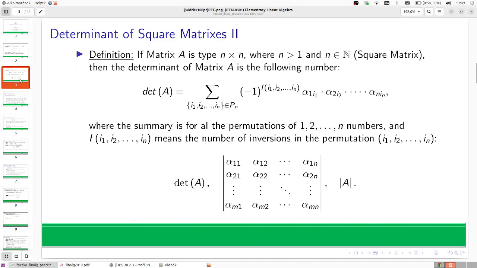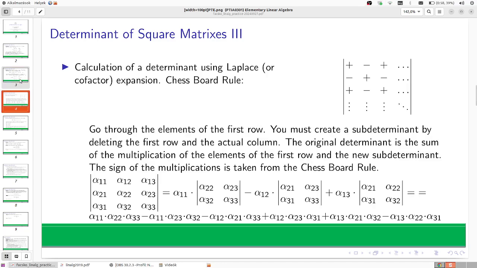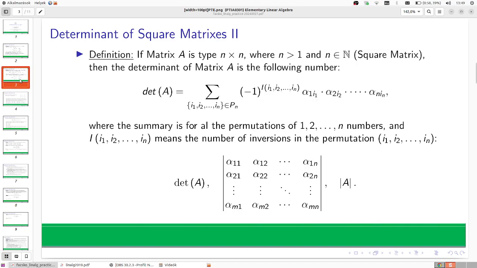Okay, this is the definition of the determinant here. And this is very difficult with permutations, inversions, and everything. But if you just use your imagination, you have the index here.